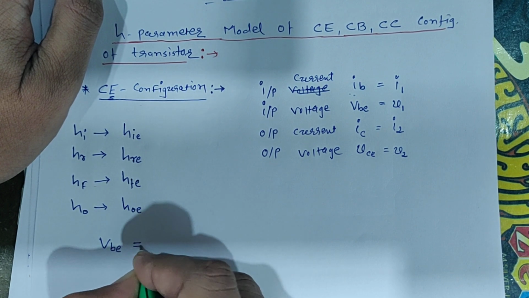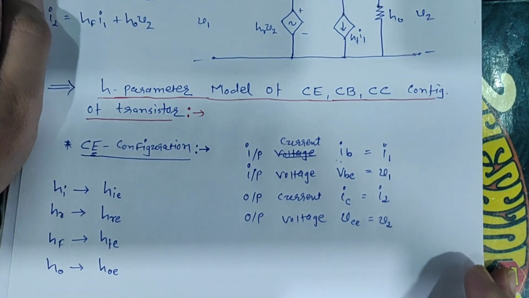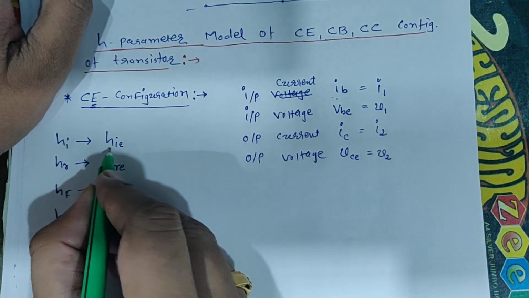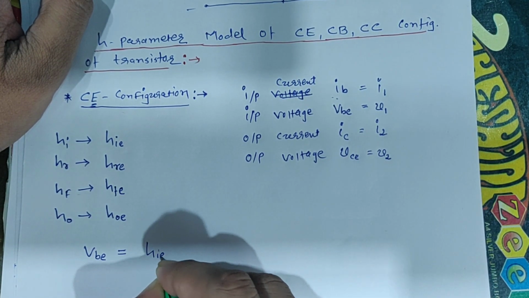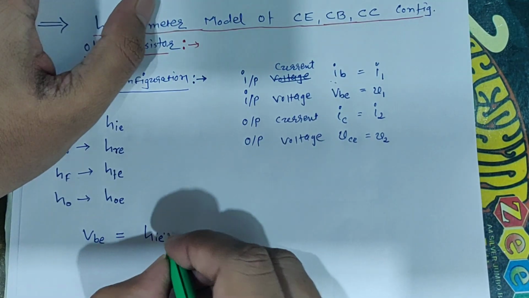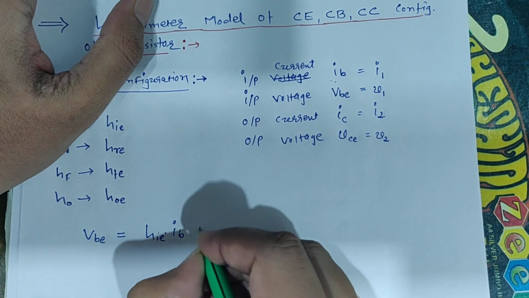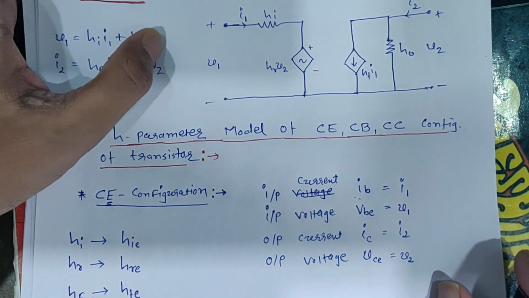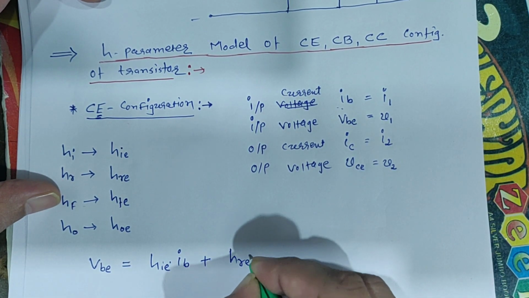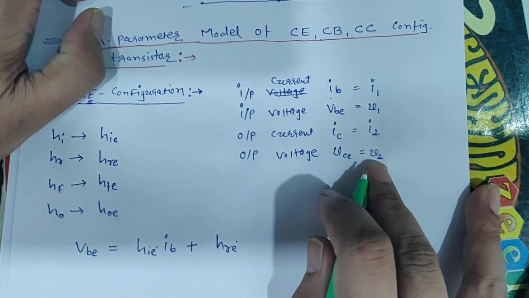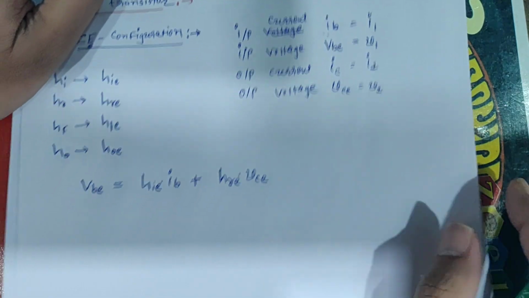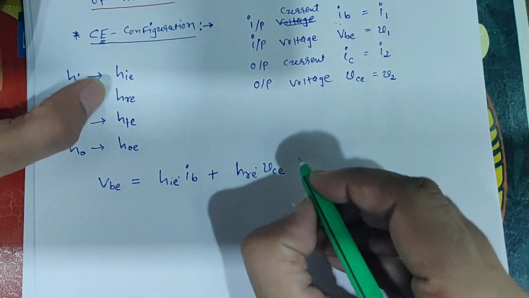VBE equals HI into I1, so HI becomes HIE into I1, and I1 is nothing but IB, so HIE into IB, plus HR into V2. HR means HRE into V2, and V2 is nothing but VCE. Now this is the new equation we have derived.